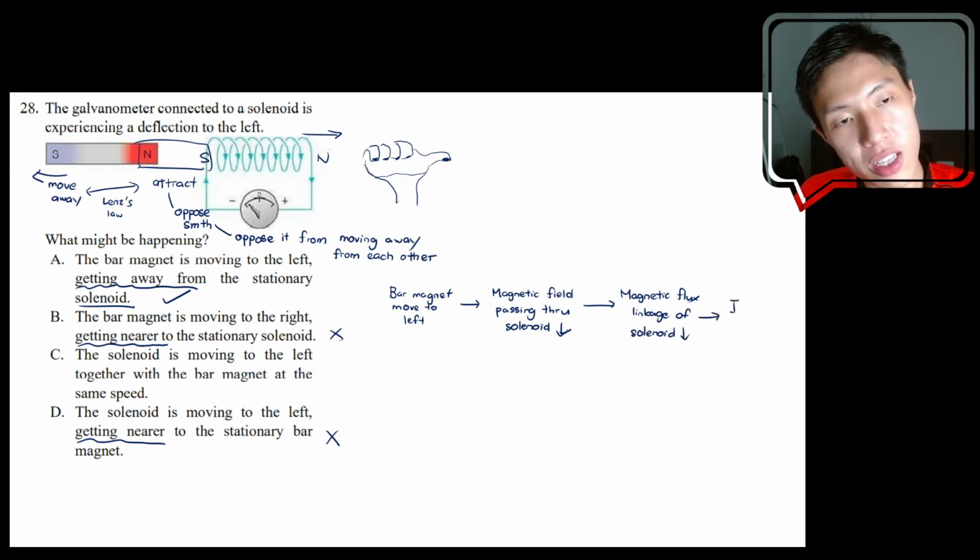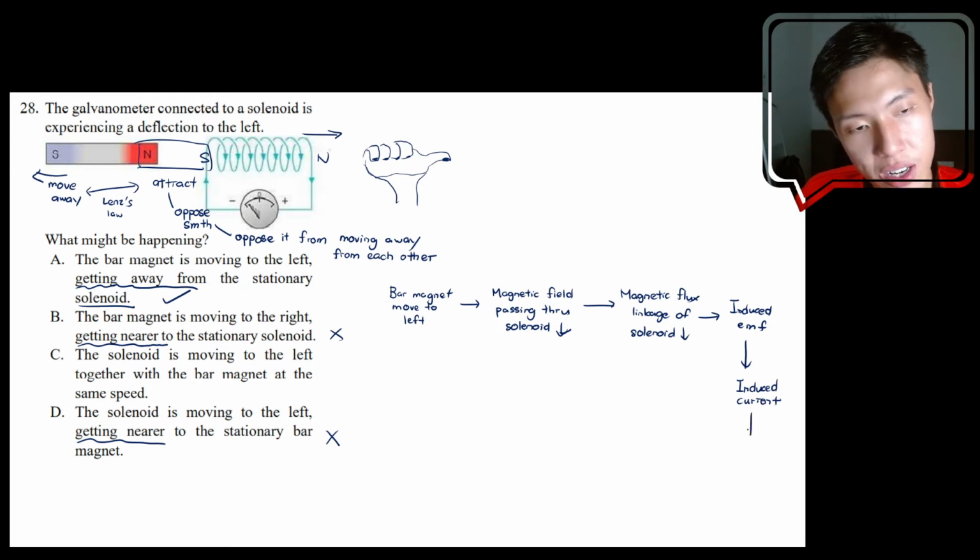Therefore, there's an induced EMF. Because this is a closed circuit, you induce a current. And because there's an induced current in the solenoid, it will cause a magnetic field produced by the current in the solenoid.